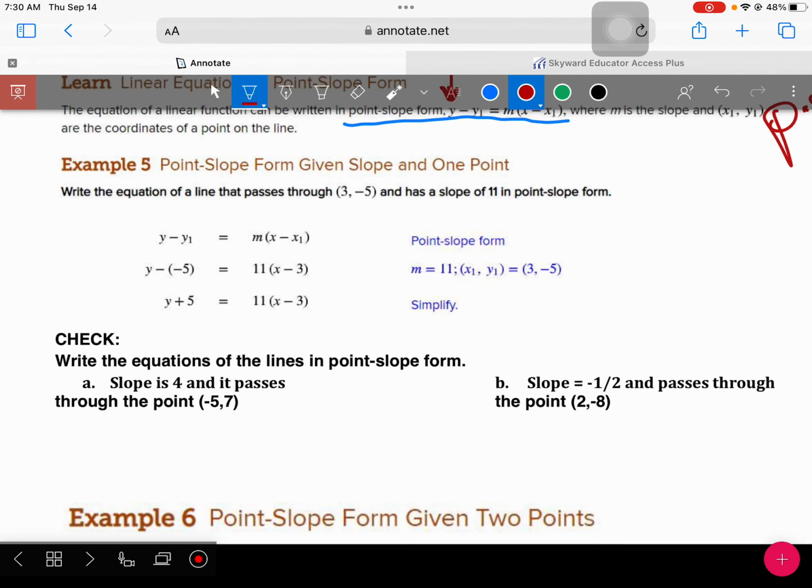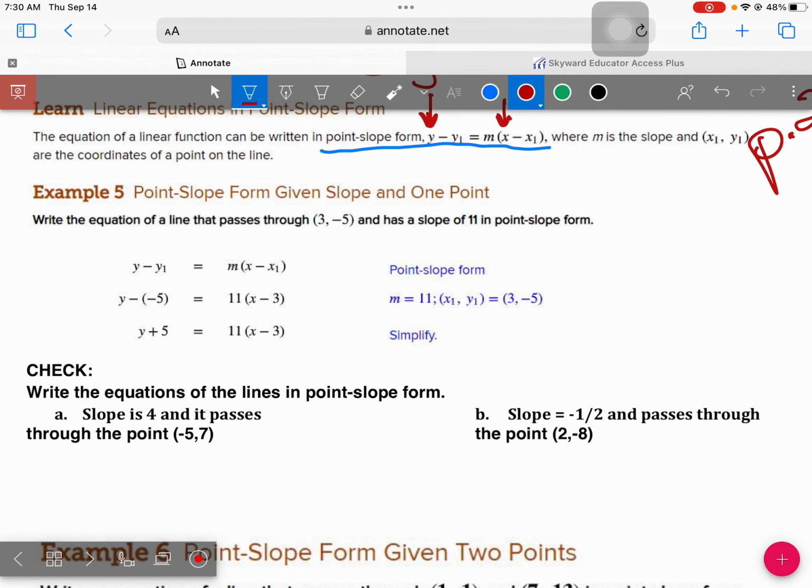All right, so example 5, point-slope form, given the slope and a point. Write an equation of a line that passes through this point and has a slope of 11 in point-slope form. Okay, so 3 is going to be my x sub 1 point.